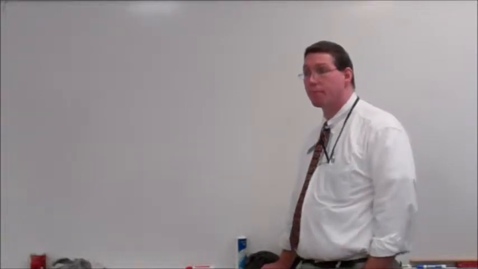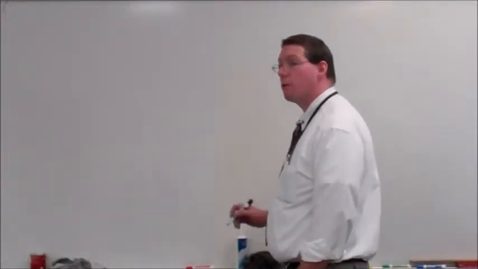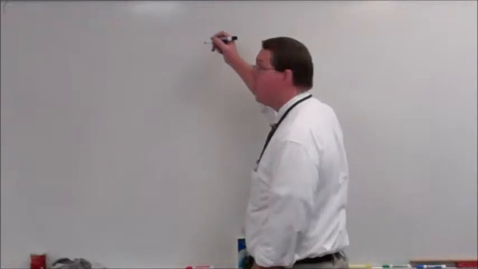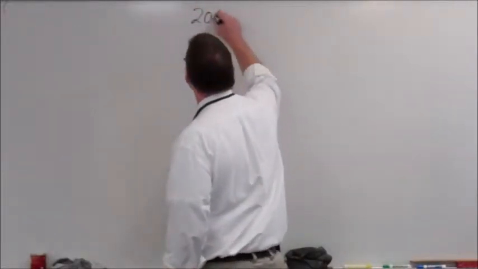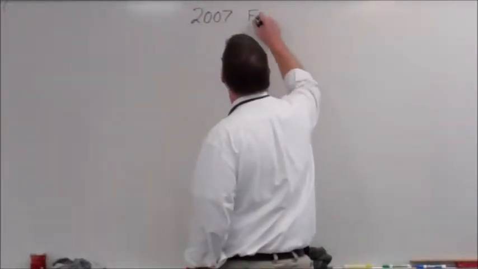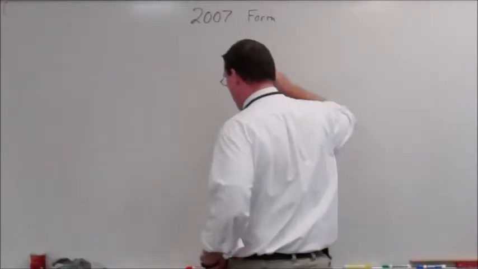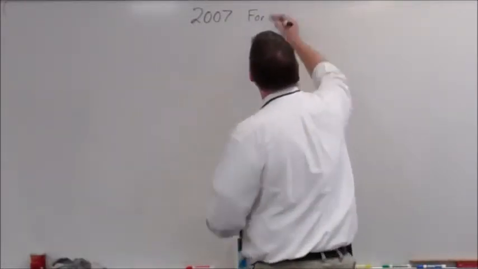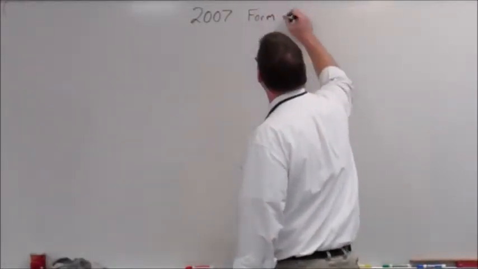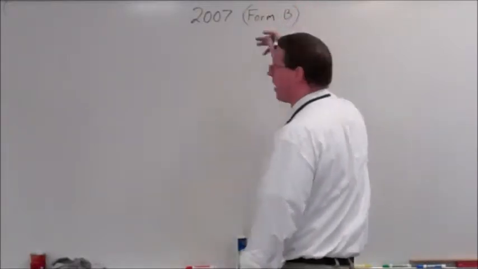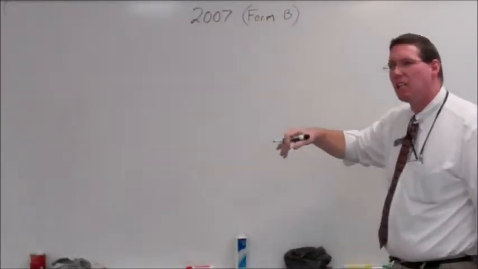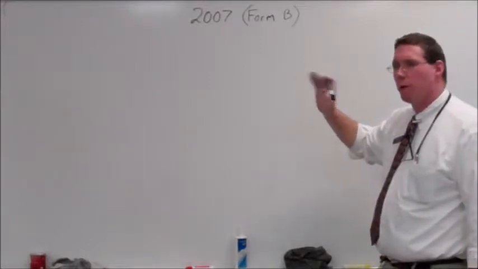Are these questions on the mean value theorem? The ones I'm showing you are going to be related to the mean value theorem. The one we're doing right now is from the year 2007, and back in that day they did what is called a Form B. Form B was like an alternative form that they would give if the test was given late or under weird circumstances.